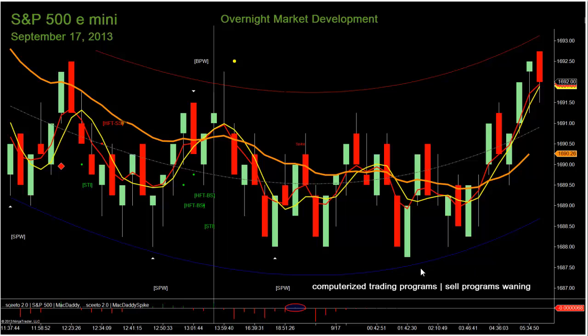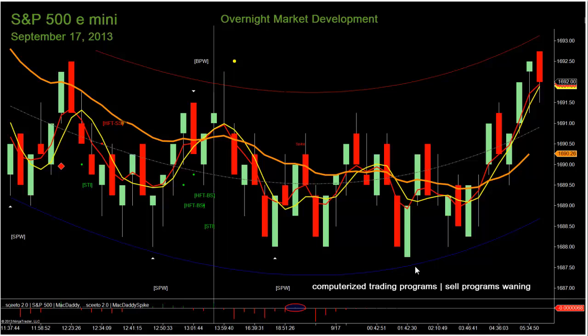As you look at this micro-range chart, you will see that at various price levels there are alphabetical abbreviations. SPW stands for Sell Programs Waning. BPW stands for Buy Programs Waning.